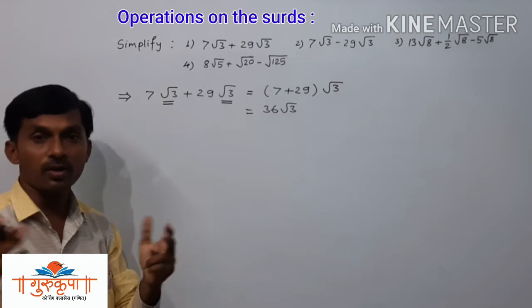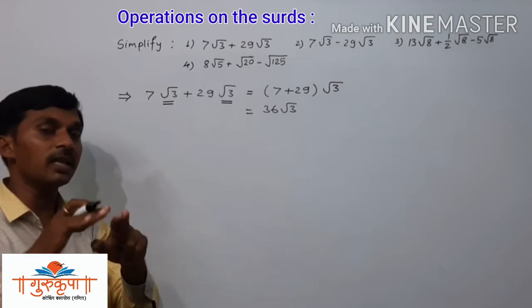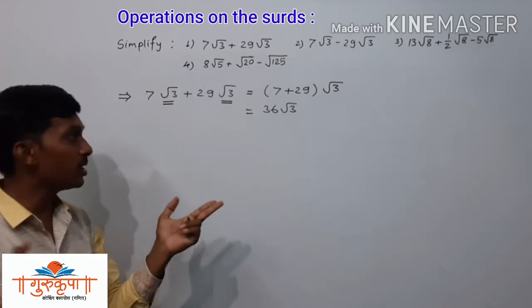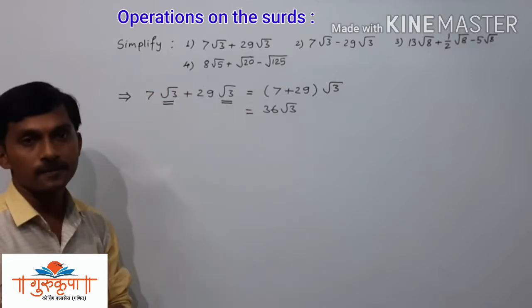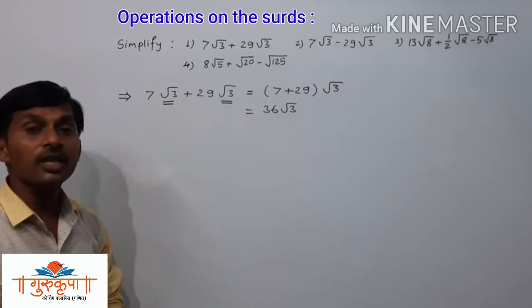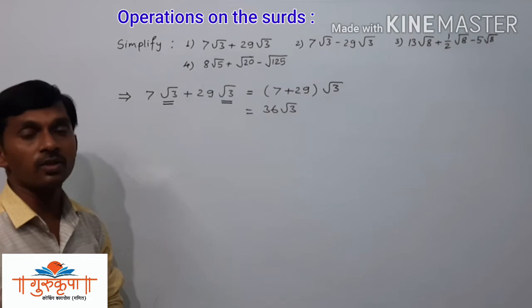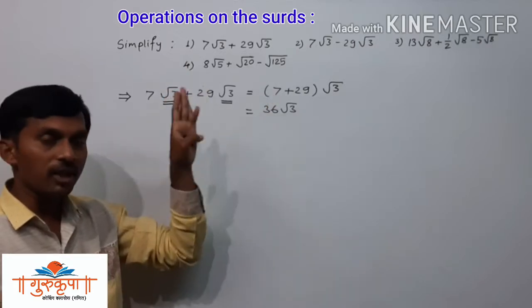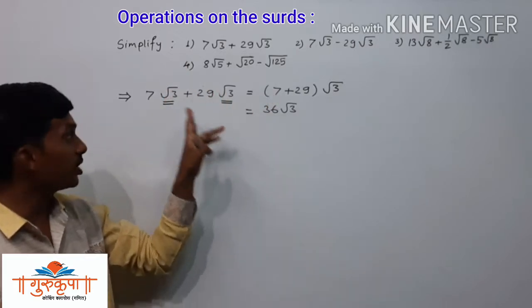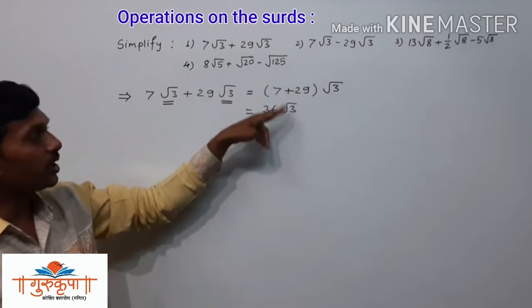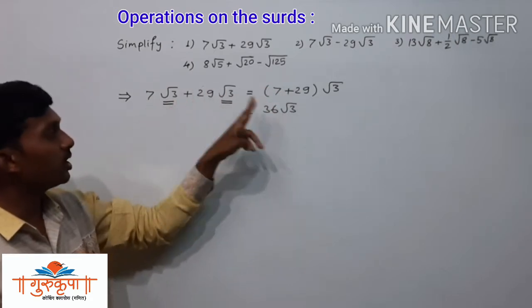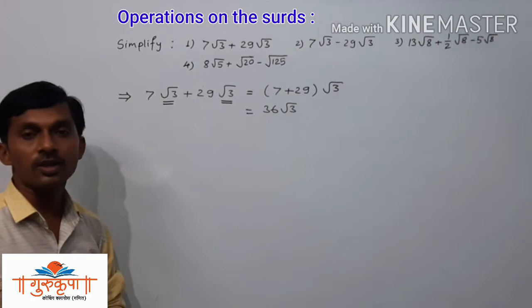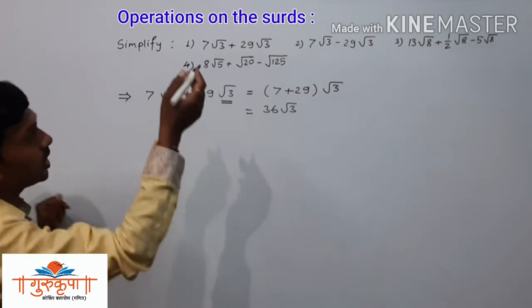We cannot add or subtract the unlike surds, which are not similar surds. If the surds are not similar, then we are unable to take addition or subtraction. Here the surds are similar, so we take the addition, and this addition is 36 into root 3.